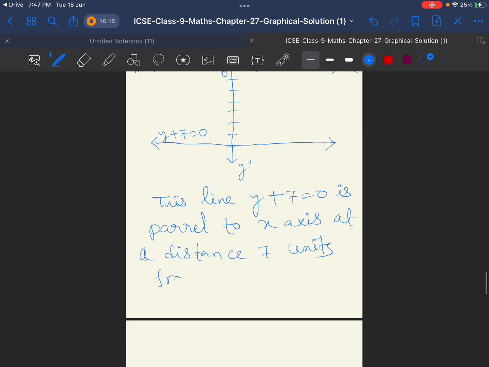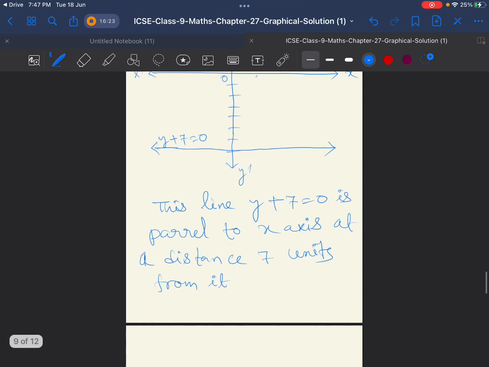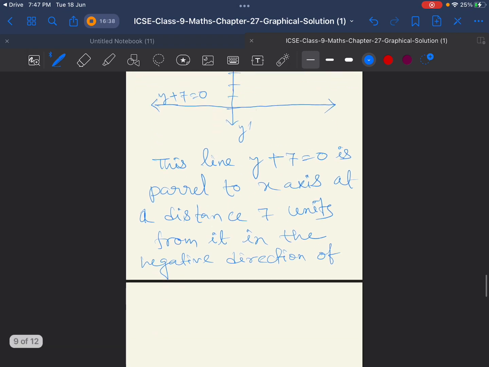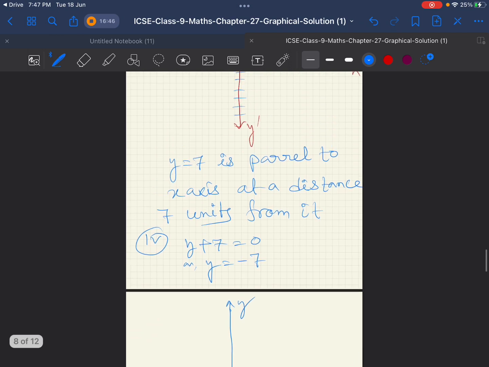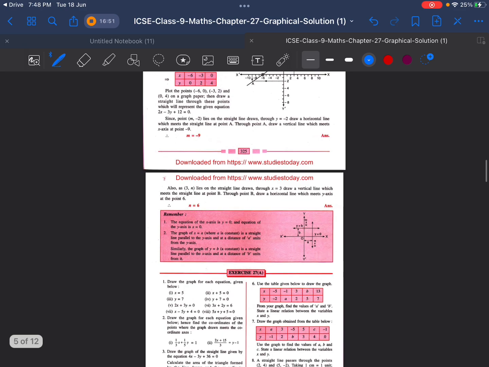The distance is 7 units from the x-axis, in the negative direction of the y-axis.